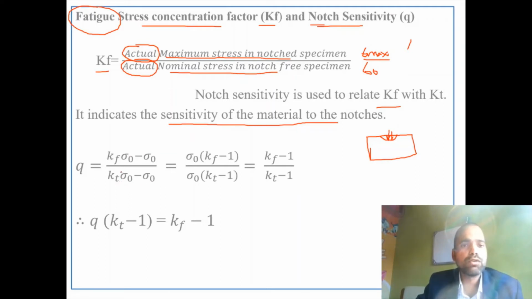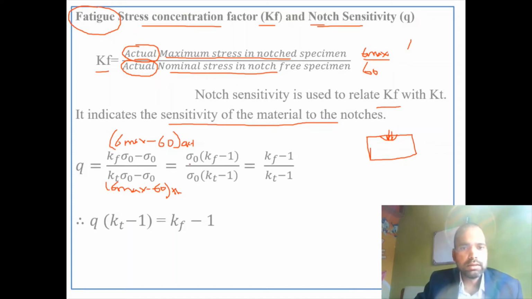So this is the ratio of notch sensitivity. That means sigma maximum minus sigma 0 is the increase of maximum stress over nominal stress for actual values, and similarly sigma maximum minus sigma 0 for the theoretical value, that means for Kt.